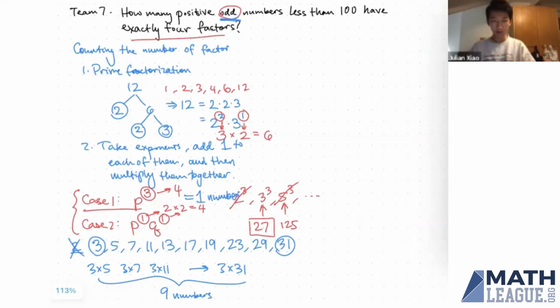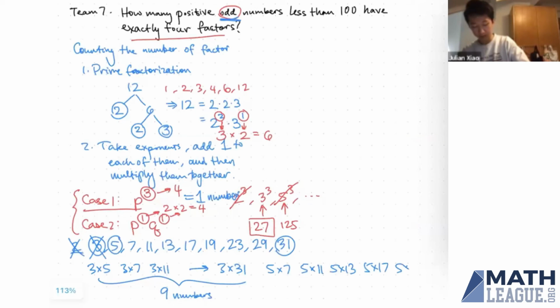Now let's take a look at numbers where 5 is a factor and we don't have 3. So if 5 is my smallest factor, then I have 5 times 11, 5 times 13, 5 times 17, and 5 times 19. And if you add those together, in total, there are going to be 5 numbers.